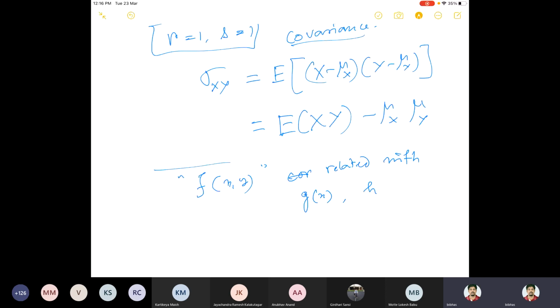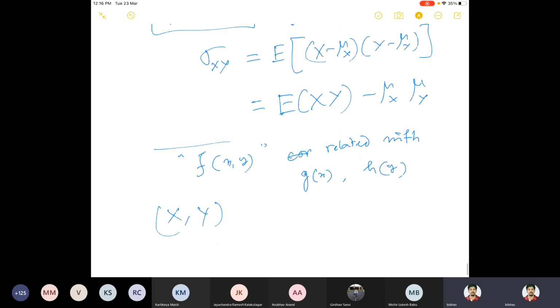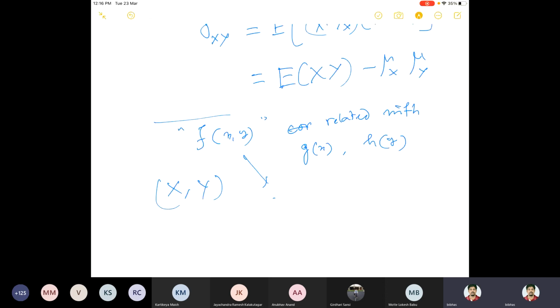And we also talked about when you say that the pair of random variables x and y are independent, and we defined that. We said x and y are independent when the joint PDF is nothing but the product of the individual, or marginal, PDFs.